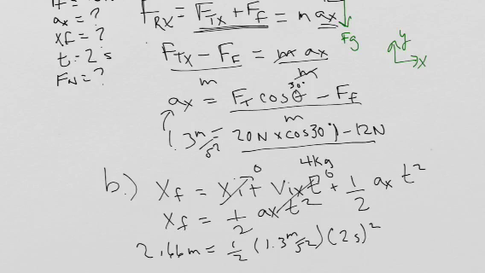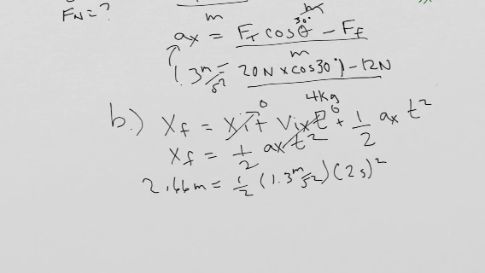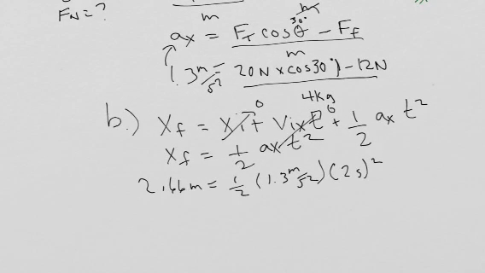So in 2 seconds, not only does this box accelerate at a rate of 1.3 meters per second squared, but it also moves a distance of 2.66 meters. Now, this would be all fine and good. These are my kinematic portions of these equations.